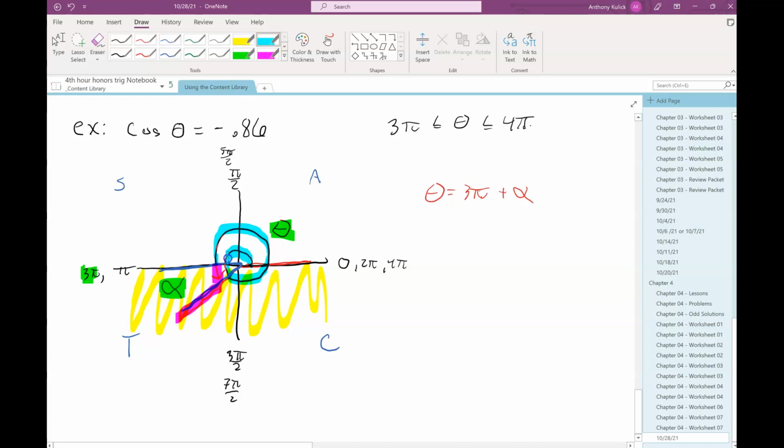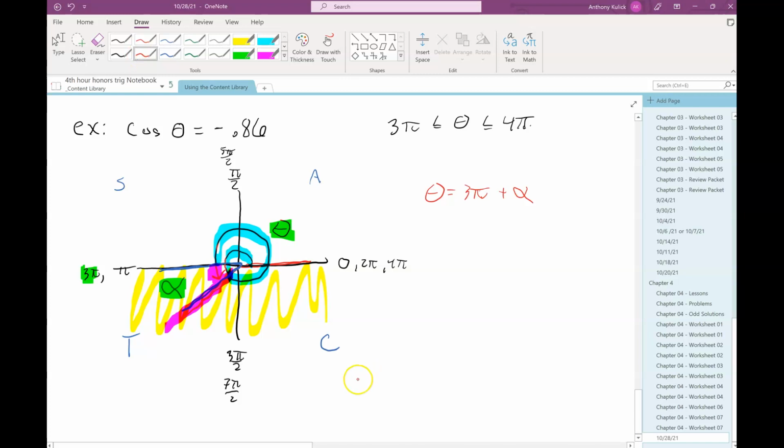So look at the highlighted blue part. There to there is 3 pi, right? And then the purple section here is alpha. And that ends at the terminal side for theta. So theta is 3 pi plus alpha. Is that okay?